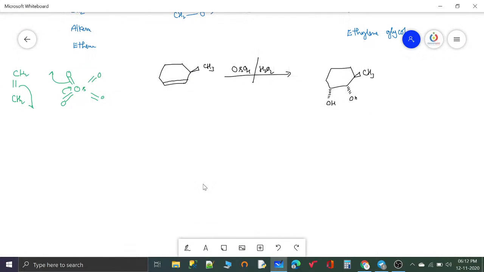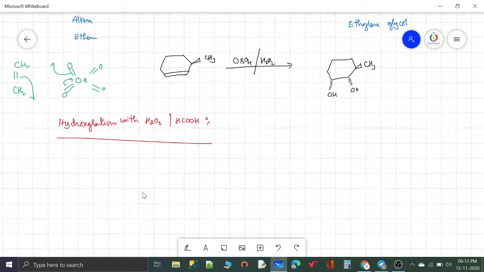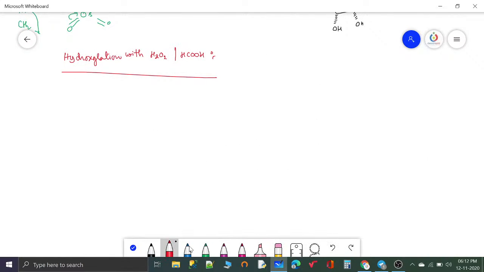Now let us see hydroxylation with another type of reagent, which gives almost similar products but with anti-addition: hydroxylation with H2O2 and formic acid. With alkenes, the products are similar to osmium tetroxide, but this reagent gives anti-addition hydroxylation.